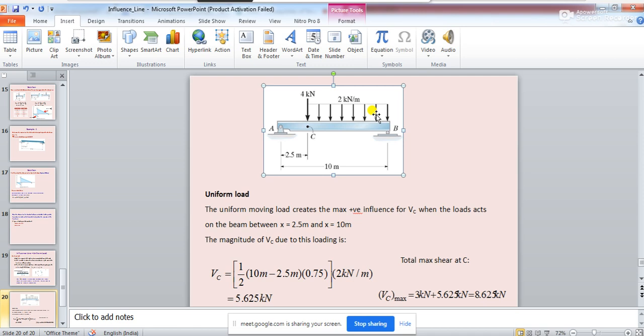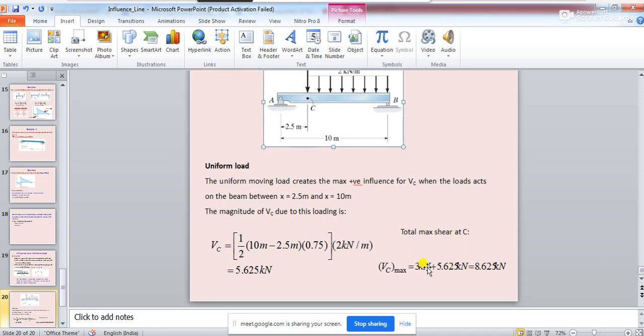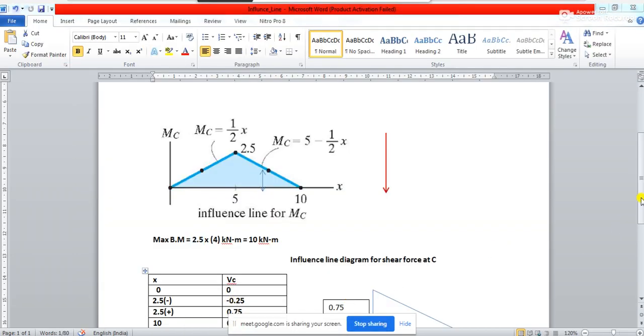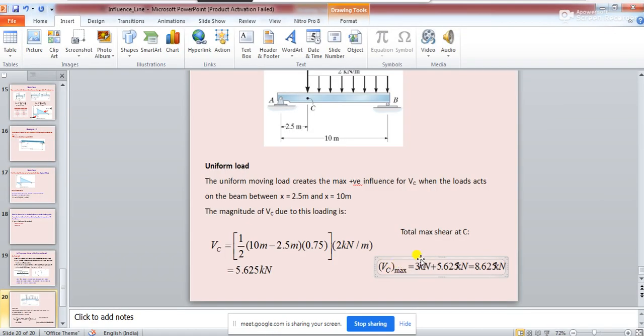So if you want to find out that, what will you have to do? See, for the 4 kilonewton load, you have understood it earlier, right? In the previous problem we have explained it, and for the 4 kilonewton load it will be 0.75 multiplied by 4, which is nothing but equal to 3 kilonewton.